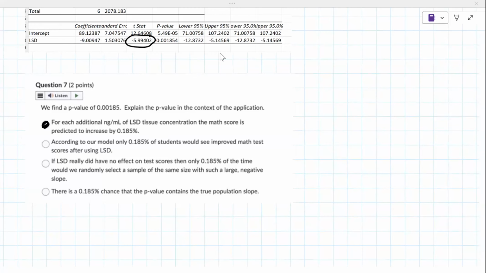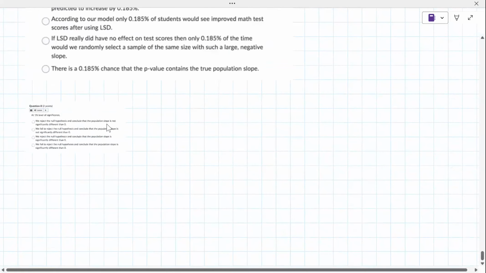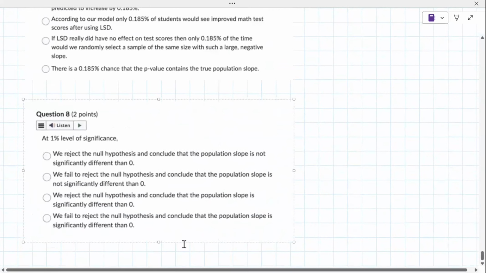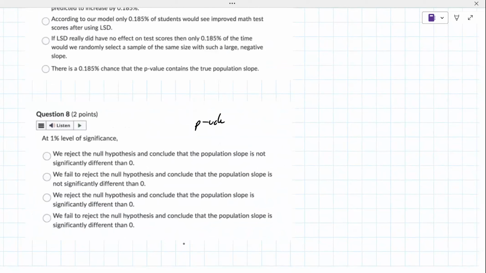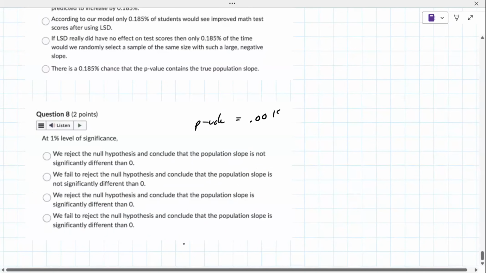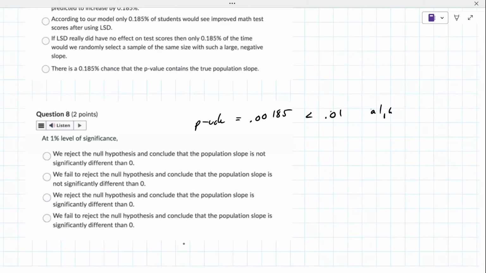And then for number 8, your p-value is 0.00185. This is less than 0.01, which is your alpha. So you reject the null hypothesis.